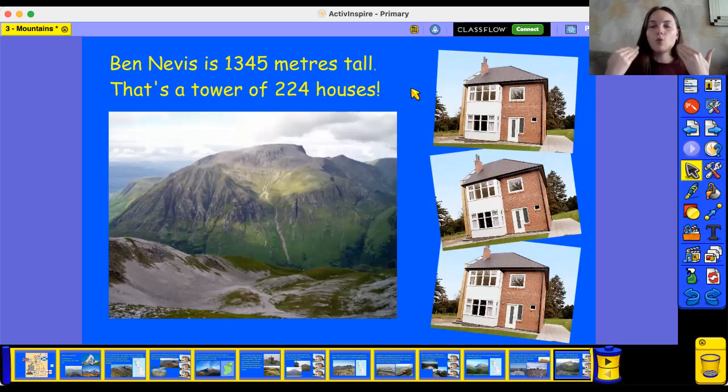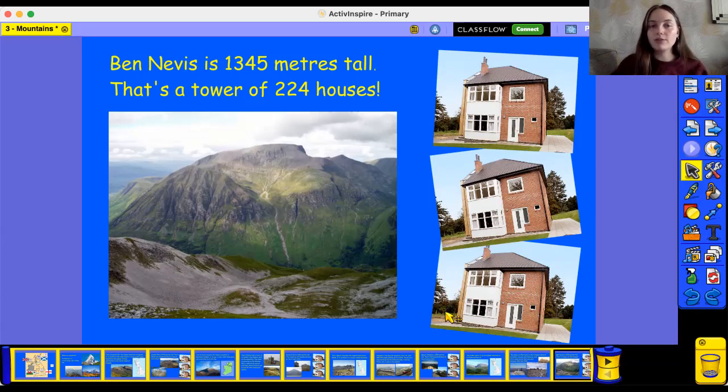Well done. 1,345. How tall is Ben Nevis? Fantastic. It's 1,345 metres tall, and that would be a tower of 224 houses. Wow, Ben Nevis is a very tall mountain.